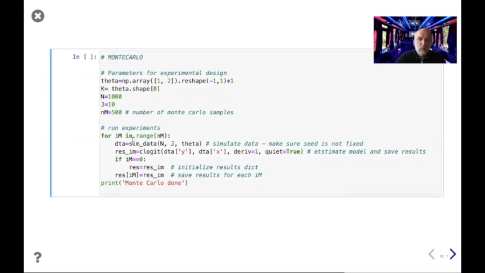Here's the idea. I was actually doing Monte Carlo before, but I was not systematic about collecting the results. So instead of me activating the notebook many different times and just looking at the number, we're going to do a loop. We loop over the different Monte Carlo samples, and each time we draw a new sample.